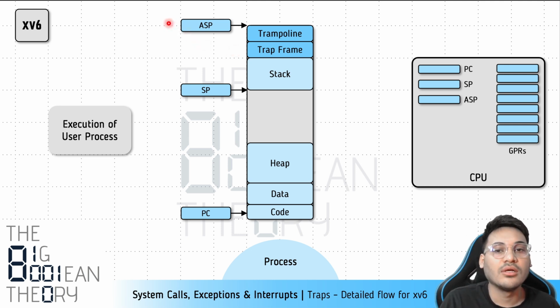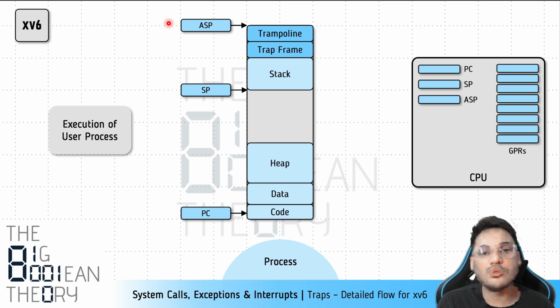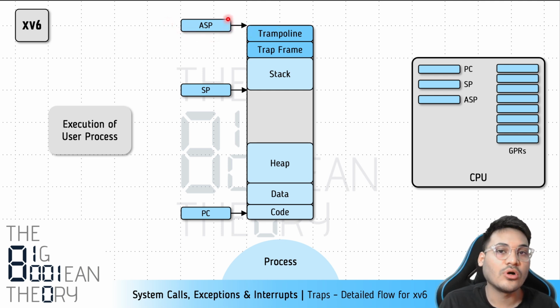But again, let me call it out: it is a hypothetical concept that I have just made up in order to simplify things. We do not know about the page table yet, but we definitely know about the address space. So I'm assuming that there is a value, which I'm calling the address space pointer, which will help us point to the address space. In future, we'll see that this value will be replaced by a page table pointer.